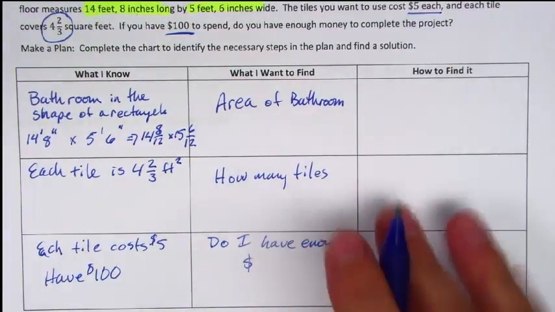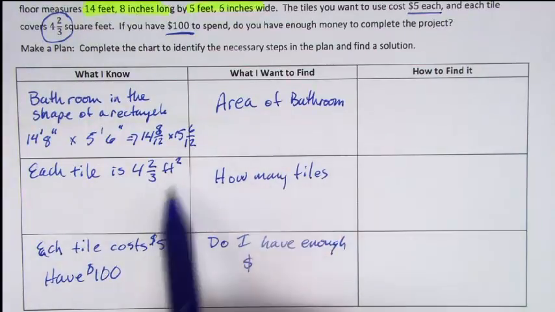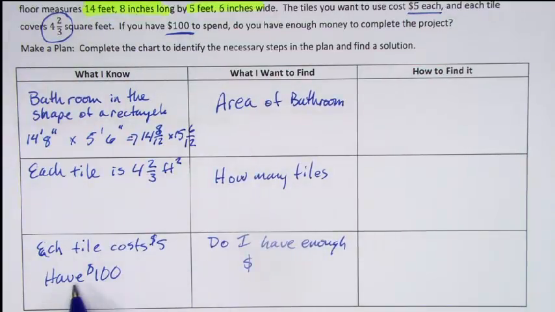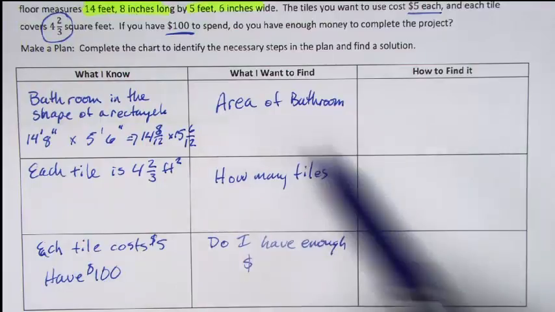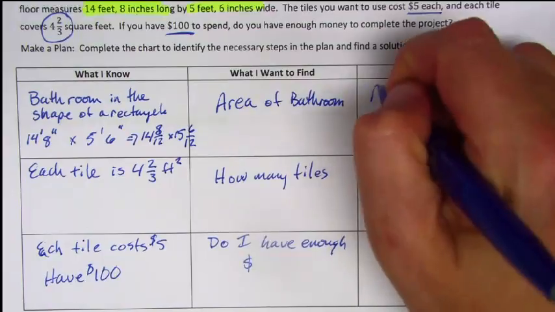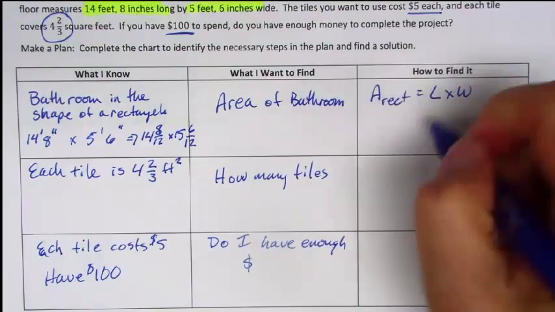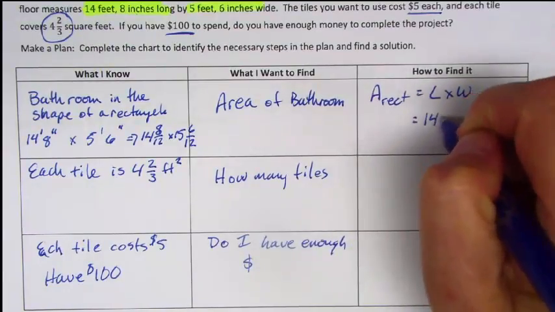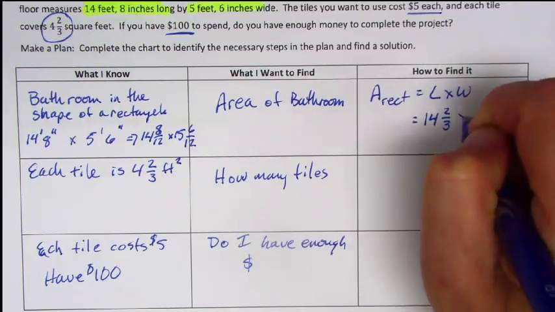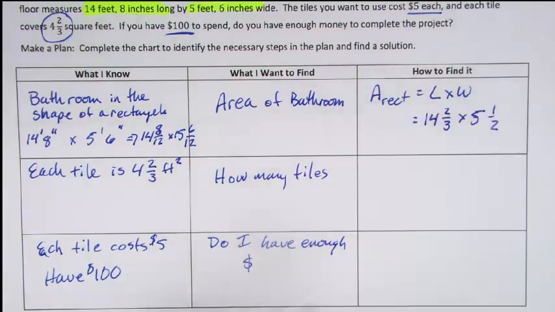Now you can see that all this information kind of stacks. We want to know how many tiles so we can find the cost. We know the area of each tile to find the area of the bathroom. So let's start with the area of the bathroom. The area of the bathroom is a rectangle. That's the length times the width. So if we take our two dimensions, 14 and 8/12, which is the same as 2/3, times 5 and 6/12, which is the same as 1/2.